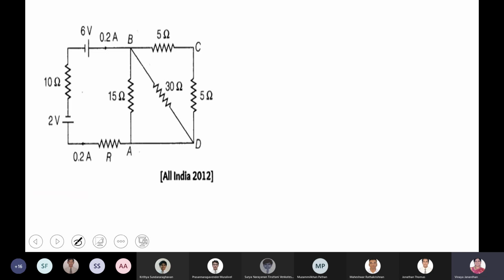Now we'll redraw the circuit. How will your circuit look now? This is 6 volt. Then instead of the 15 ohms, I will get R total.